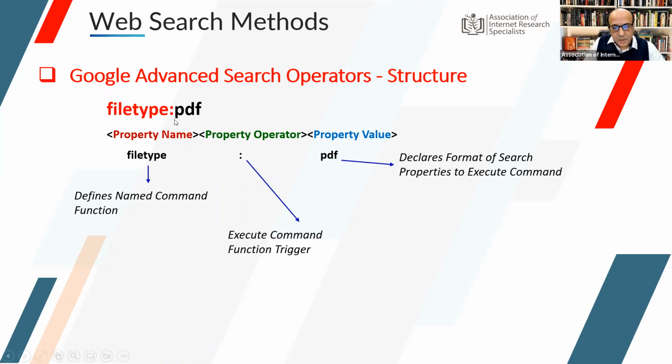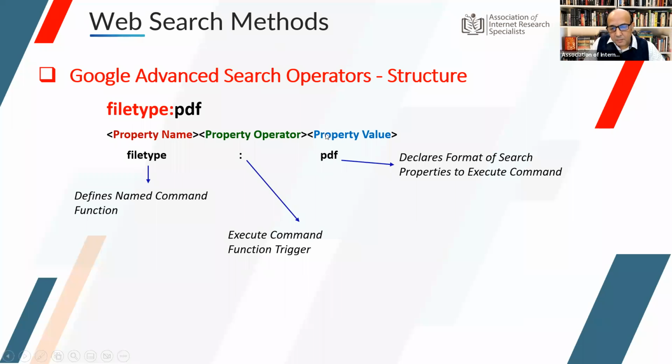So unless I put PDF here, it is not going to function. I can put any other word, or I can put PDF document as two words, and it is still not going to recognize it. So it is very specific as to what needs to be declared after the colon sign. And the declared value is what we call a property value.